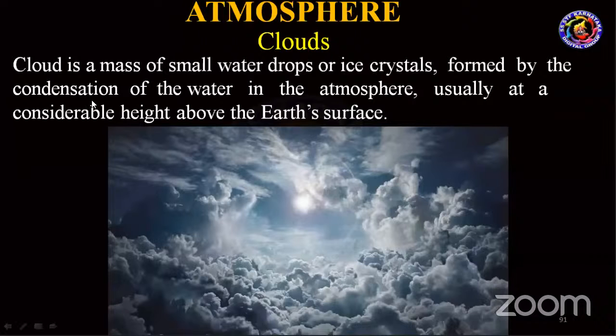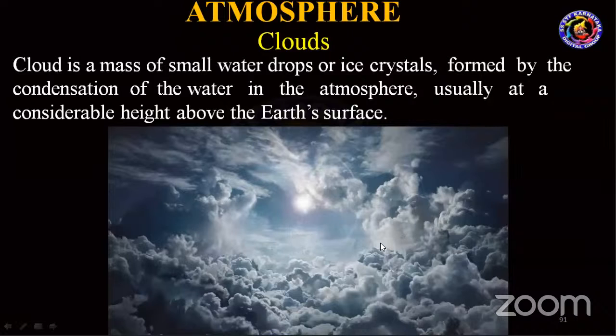Here they have mentioned clearly that cloud is a mass of small water drops or ice crystals. In this picture you can see these are small water drops, but we can see them clearly. We can use any kind of scientific instrument to observe the small water drops in the clouds.